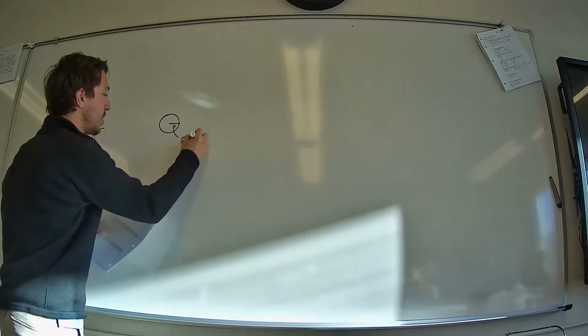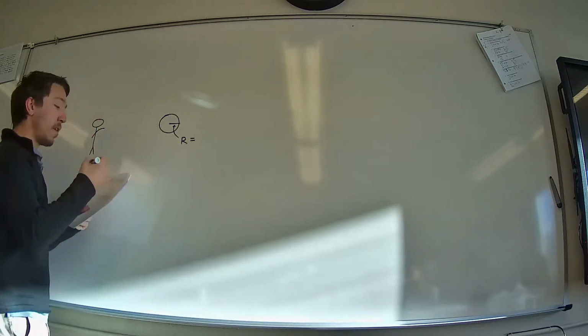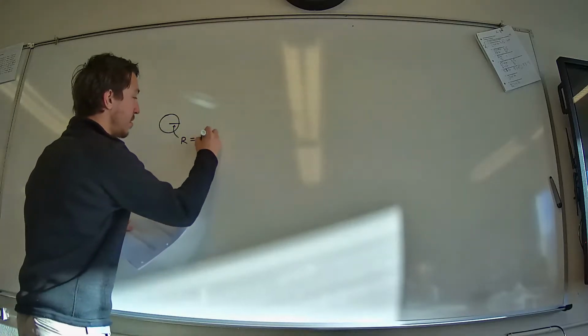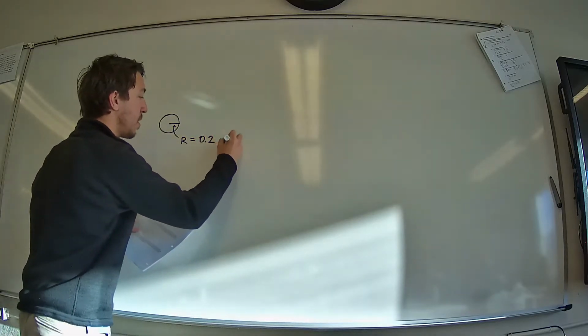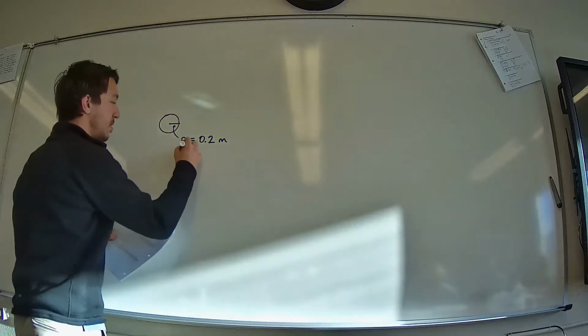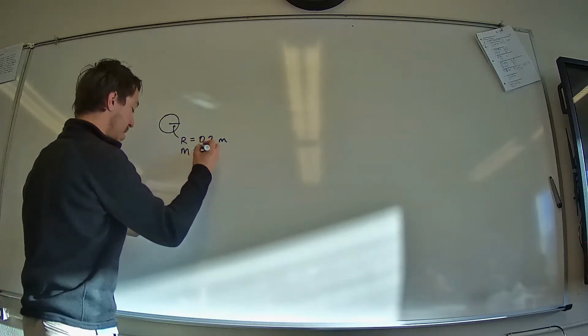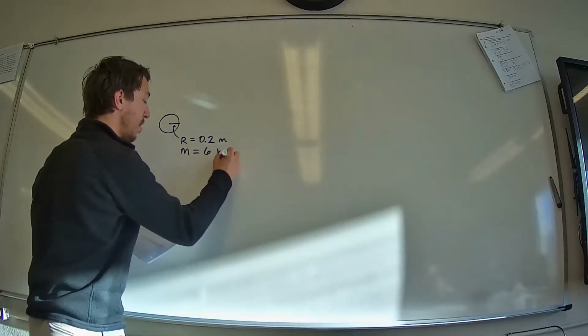Here's Bob. He just threw a bowling ball. This is number 4. The bowling ball has a radius of 20 centimeters and a mass of 6 kilograms.